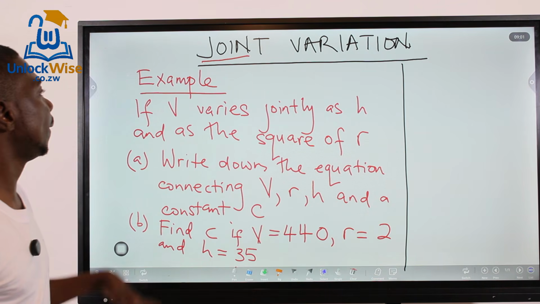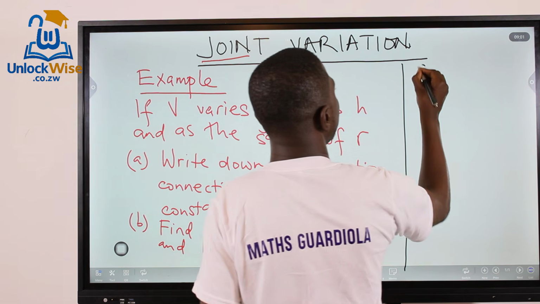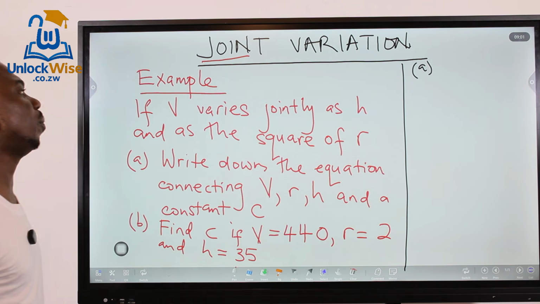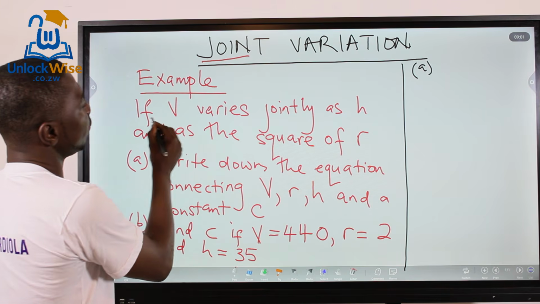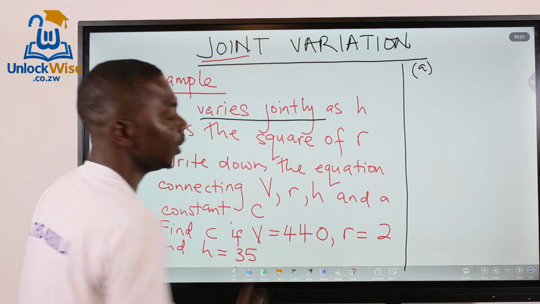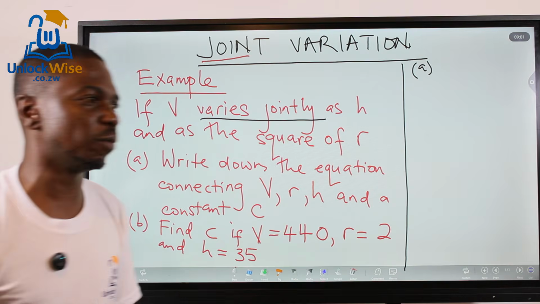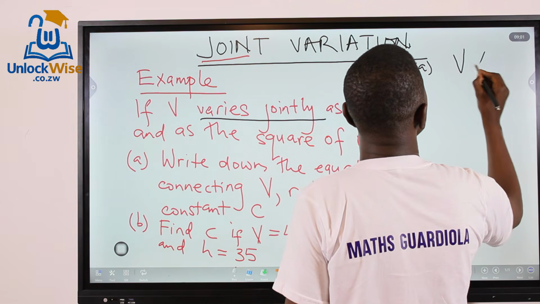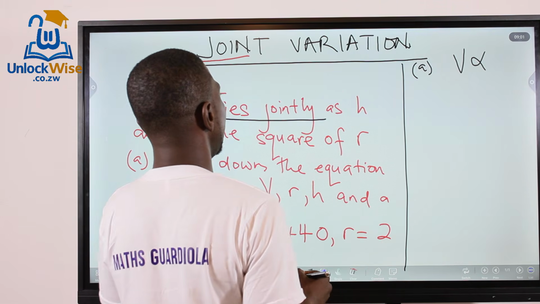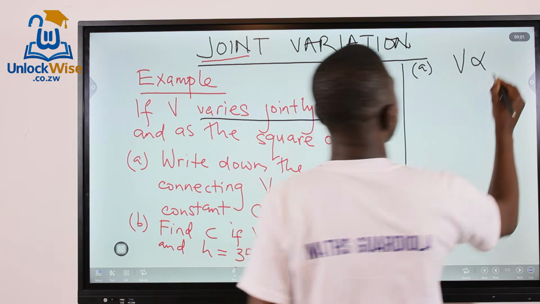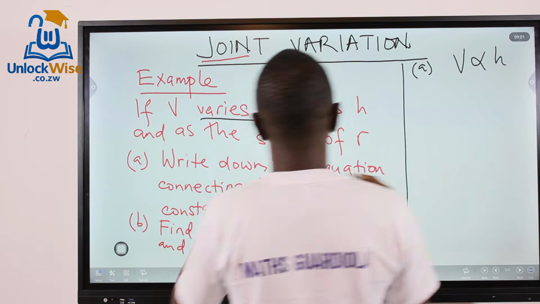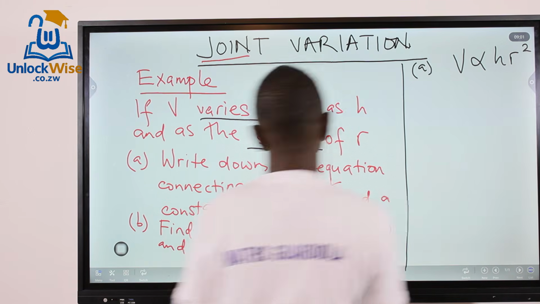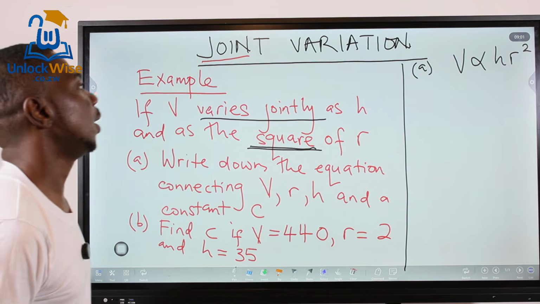Allow me to do this. We will write this in variation format. V varies jointly. So the first statement will tell you the type of variation, and we will have V which varies jointly as H and the square. Take note of this word. It's the square of R, right?